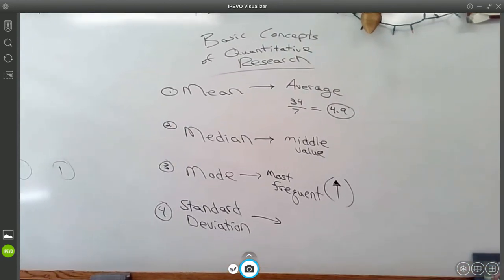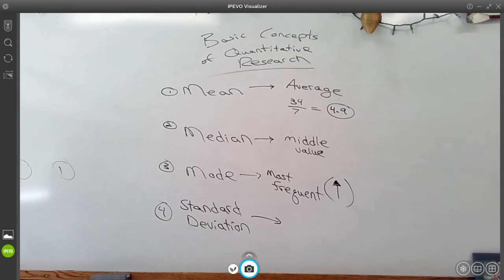So if I look at standard deviation, standard means like regular, run-of-the-mill, and deviation is how much change there is, right, between data points.